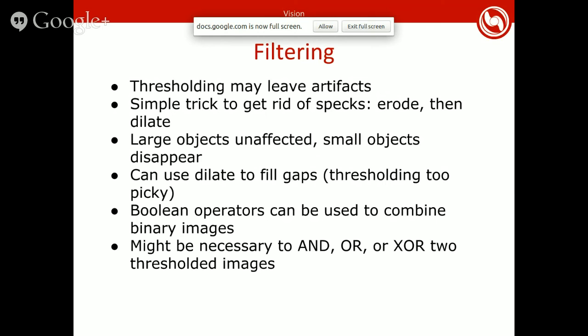That might be useful if you have two thresholdings that aren't perfect, but they complement each other in nice ways. So for example, one takes the bottom half of an object and the other takes the top half of the object. If you combine them with an OR, then you have the entire object. That's just a simple example, and you can do more complicated things. That's kind of a case-by-case thing, if you notice certain elements. It could be neat to try.